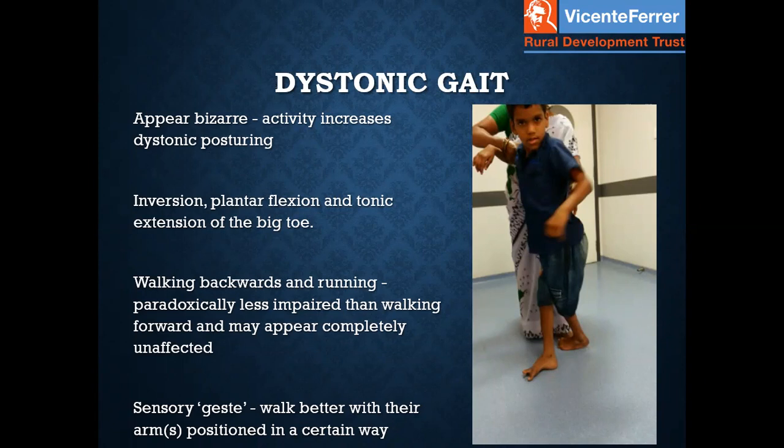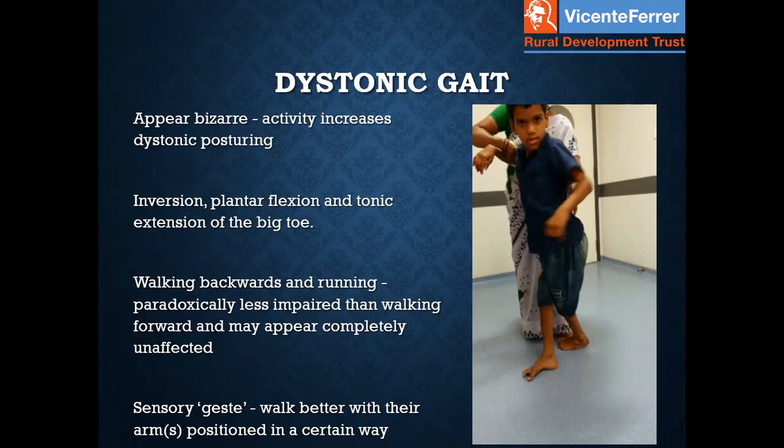For children with basal ganglia involvement having this dystonic gait, paradoxically they can walk better in a backward direction rather than in a forward movement. And they used to have a sensory geste, meaning they walk better with their arms positioned in a certain way.